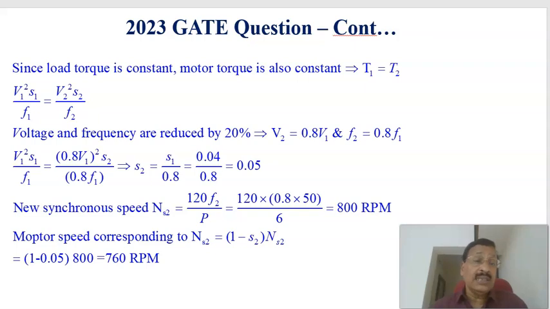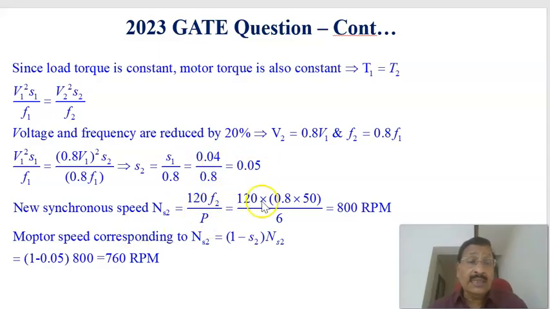Substituting in this one equation, V1 square S1 divided by F1 equal to (0.8 V1) all square into S2 divided by 0.8 F1. From this equation, we can get S2 equal to S1 divided by 0.8, equal to 0.04 divided by 0.8, which is equal to 0.05.